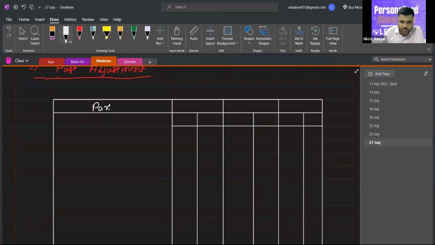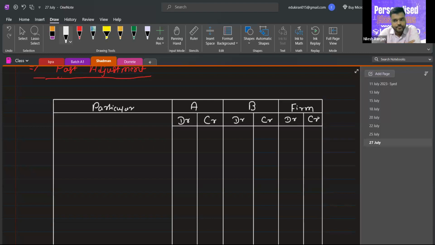The first column is for particulars. The second column is for the first partner, then the second partner, and then the firm. Now you have to write debit, credit, debit, credit, debit, and credit. Now, for solving these types of questions, you have to understand that if we are taking something from the partner, then we will debit his account.